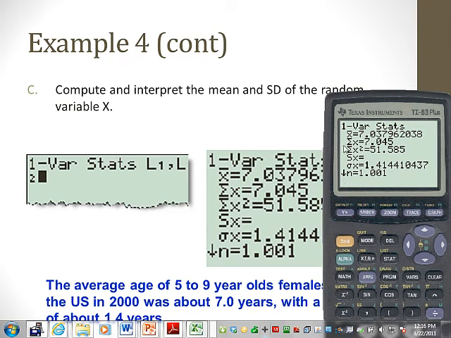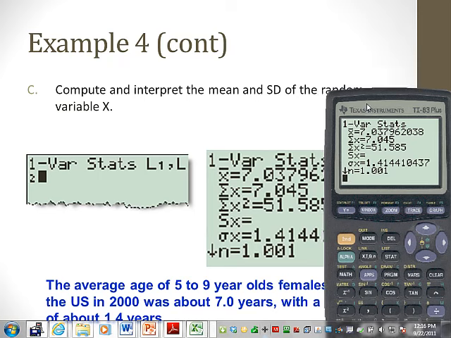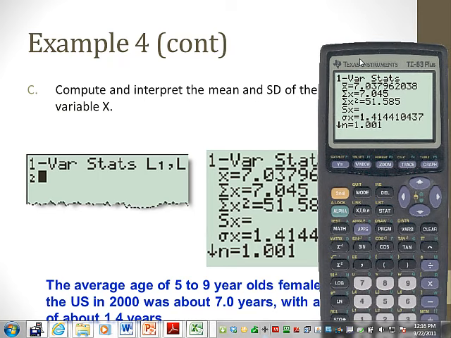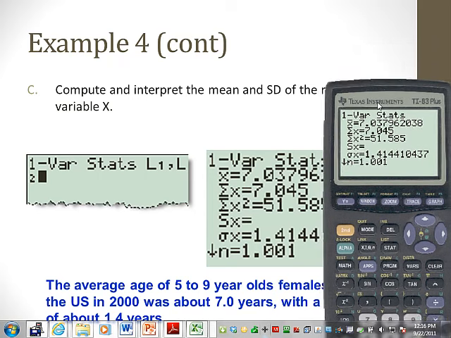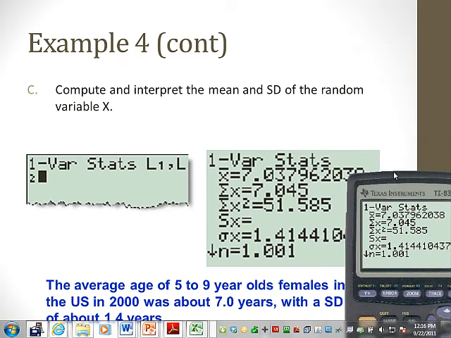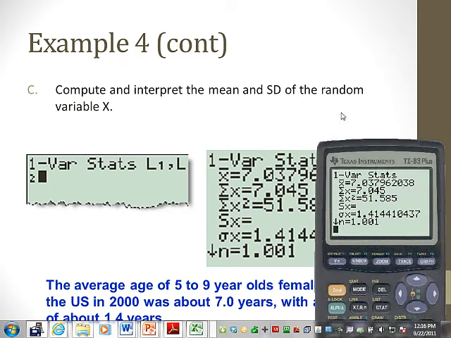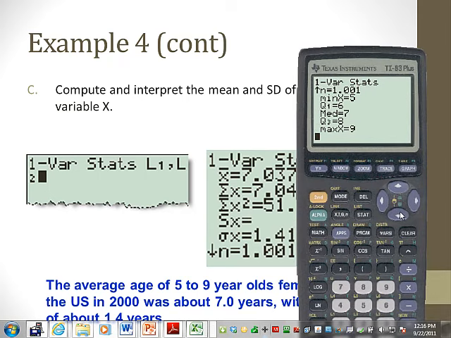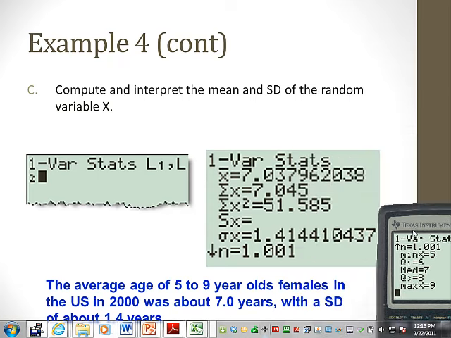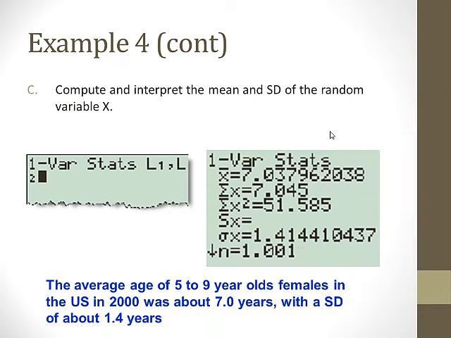So there's our mean of about 7.0, and we go one more decimal point than the number in my random variables. Standard deviation is about 1.4. And we have other values here if I ever ask for them. Have those underlined there for you.